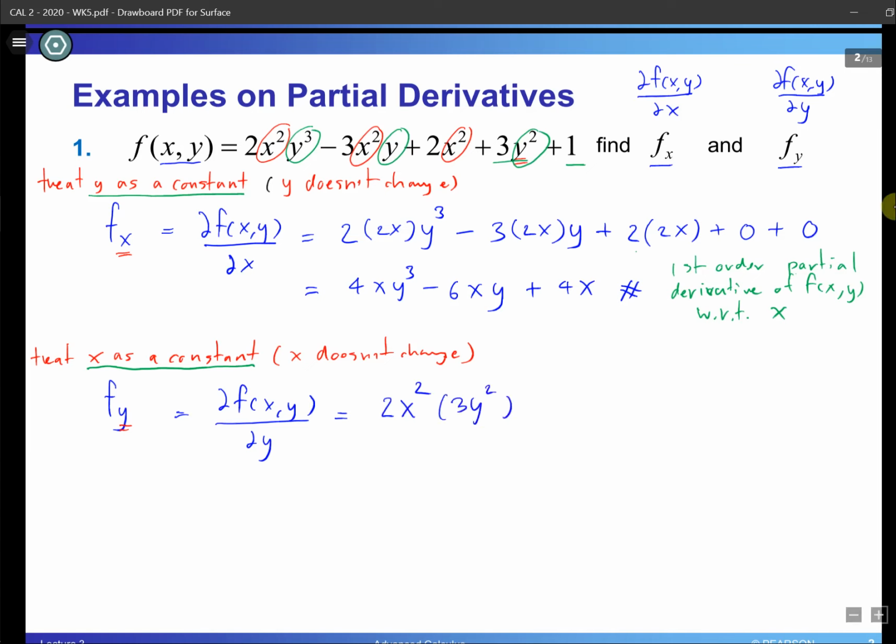Alright, next term, 3x squared stays the same because they are constant in this case. And I diff y, I get 1. Alright, next term, I have this 2x squared. Here we work with y, so 2x squared is considered to be a constant. You diff a constant with respect to y, then you get 0 out of that.